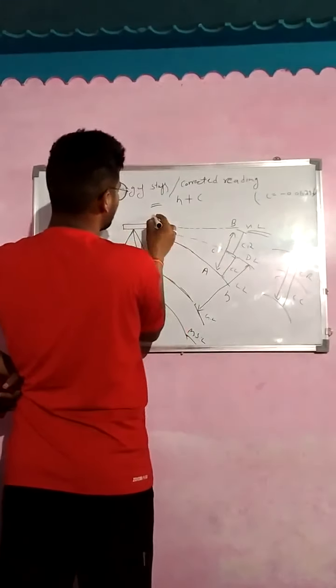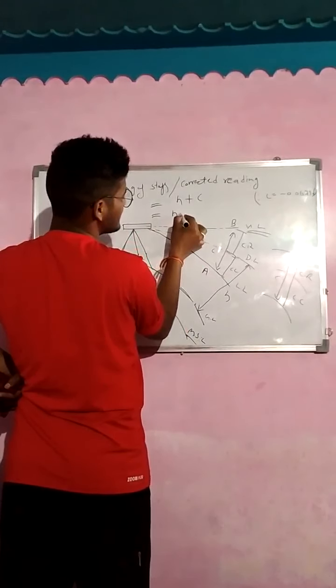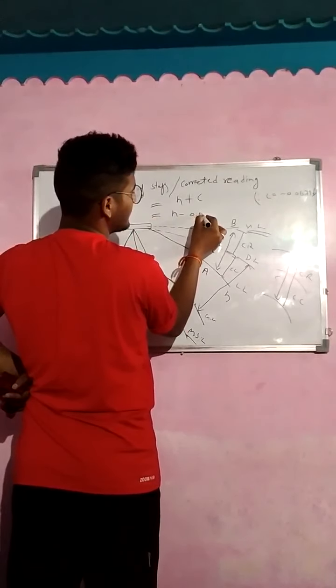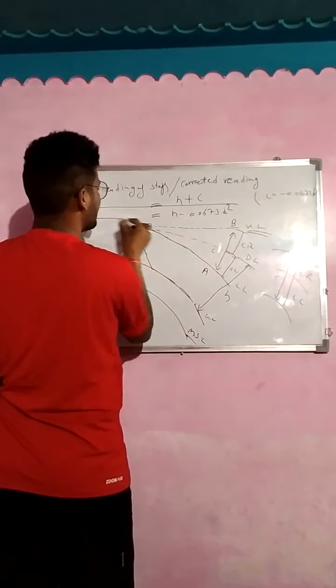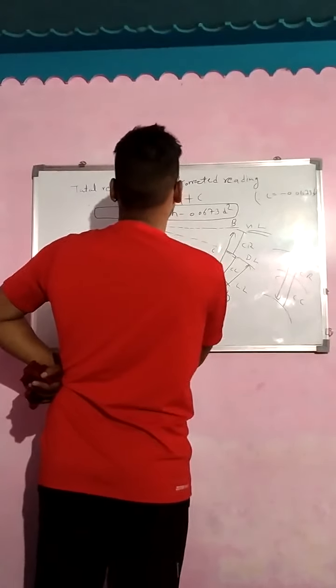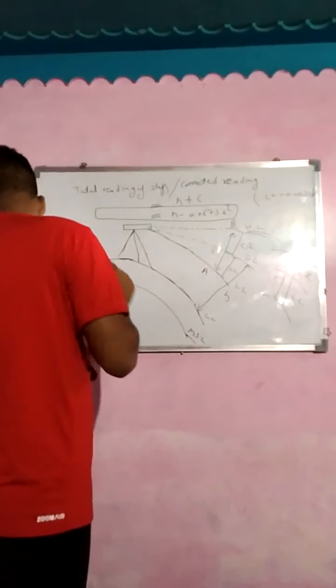So this is the correct value, H minus 0.0673 d square. This is the complete value if we are measuring with the help of the staff.